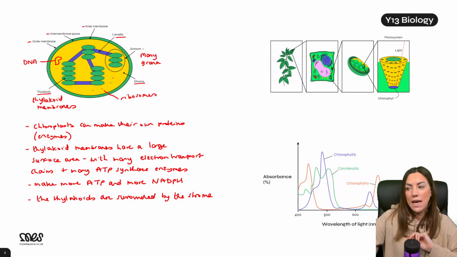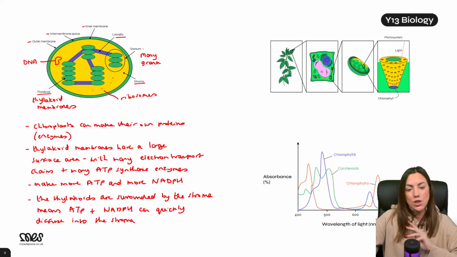So the fact that the thylakoids are surrounded by stroma means ATP and NADPH can quickly diffuse into the stroma. There's a short diffusion distance or a short diffusion pathway, so they can quickly get into the stroma where they're needed for the light independent stage.